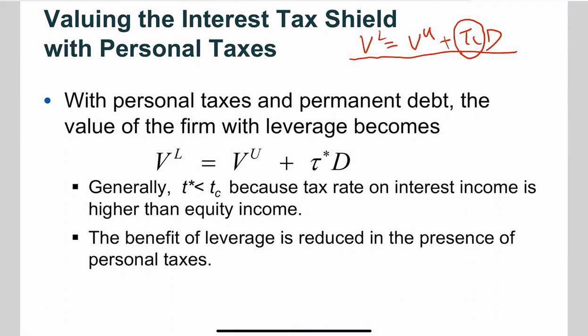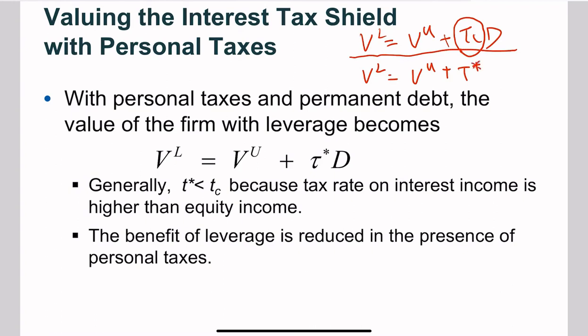So this essentially implies that if we consider personal taxes, we should get a very similar formula, right? At least the form of the formula should be the same, just with a different twist. That is, instead of using TC to measure the tax advantage of debt, we should use T star.